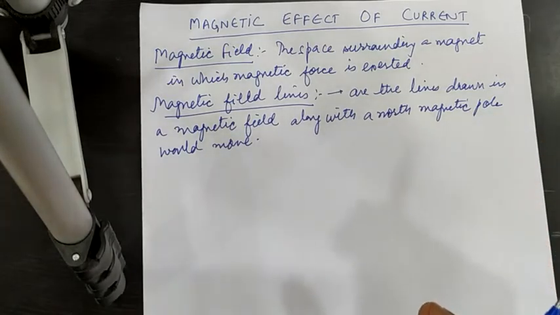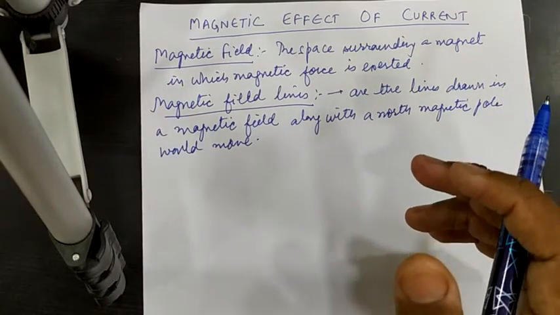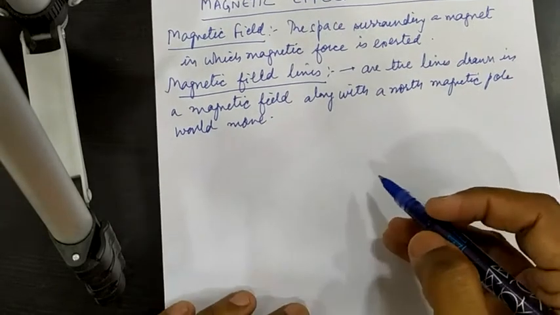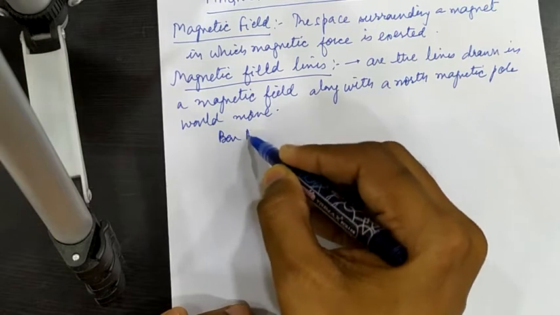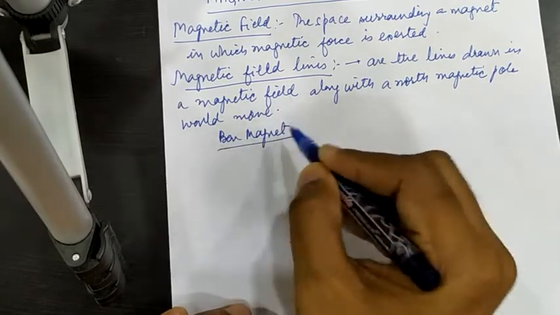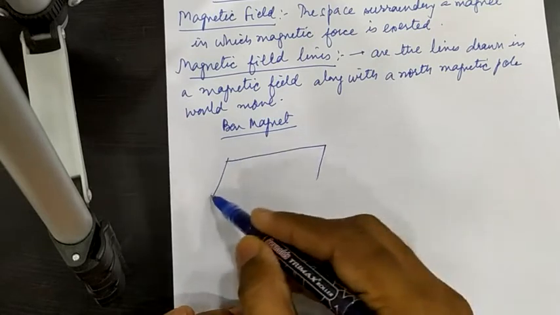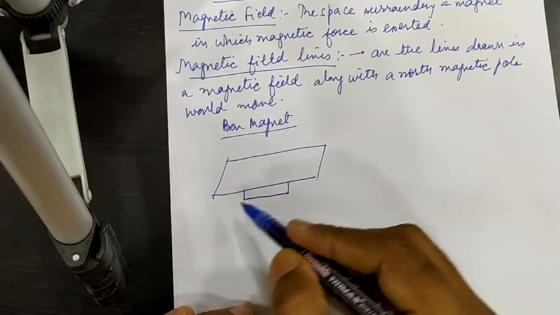So how do you draw this, how do you plot these magnetic field lines? You can use a bar magnet in that sense. There are various methods using a bar magnet. Take a cardboard like this, put a bar magnet here. This is the bar magnet.